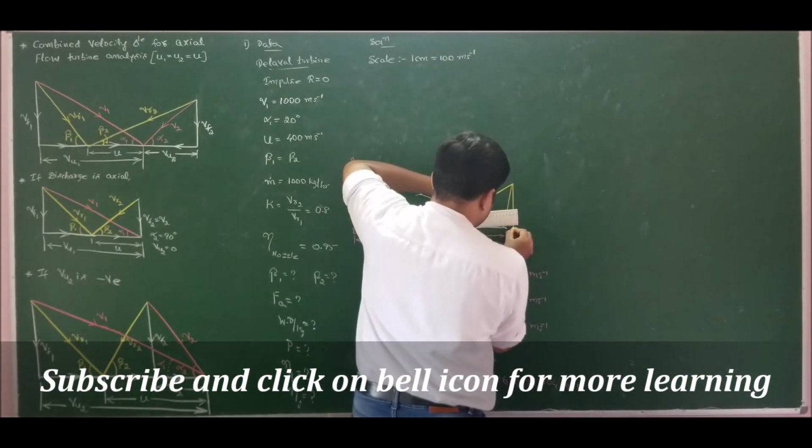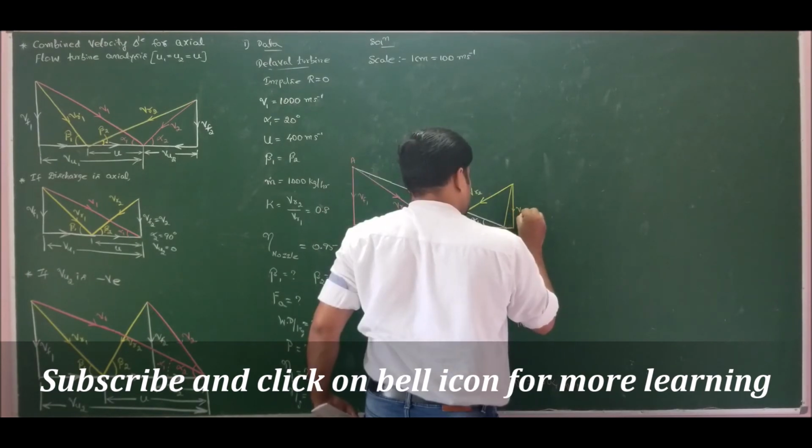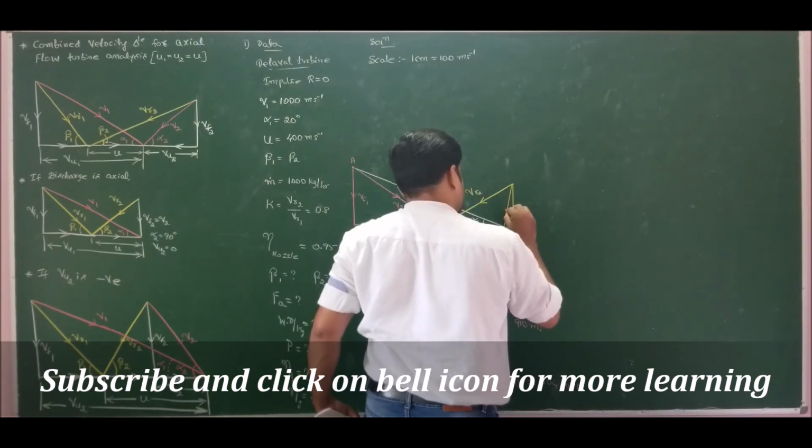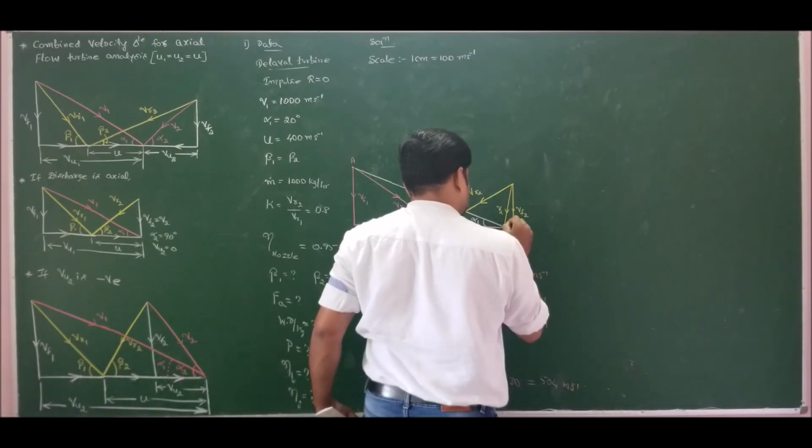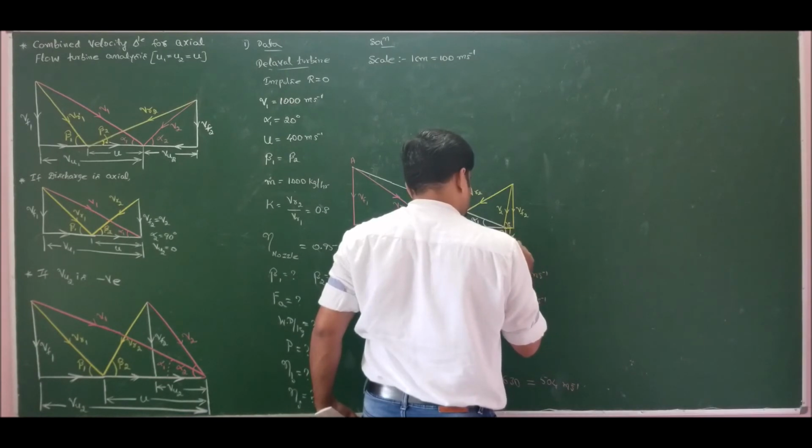Join the base. This is VF2 and this is V2. So if I measure, I will get alpha 2. From here to here we have VU2.